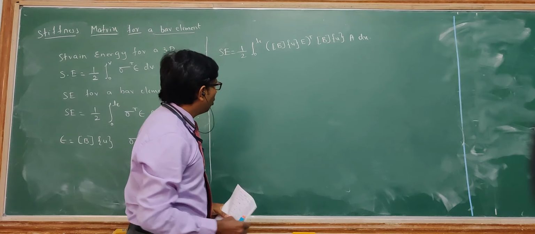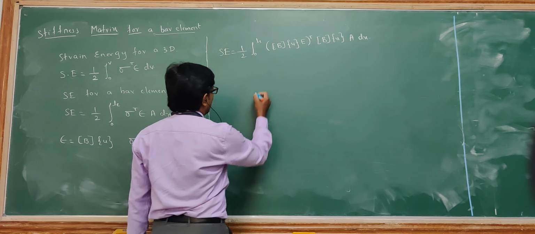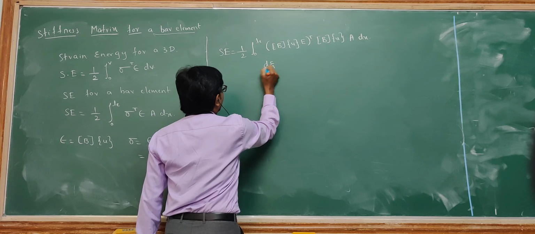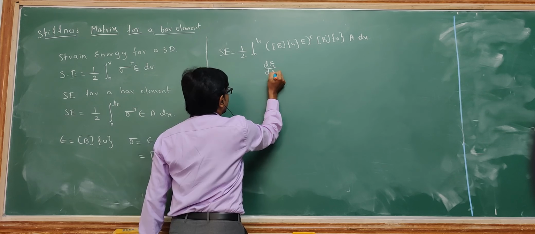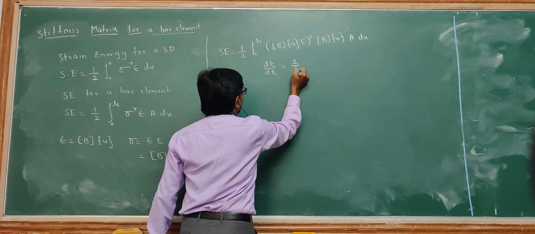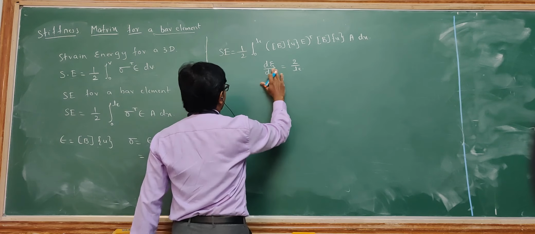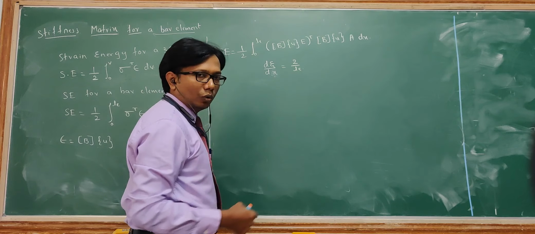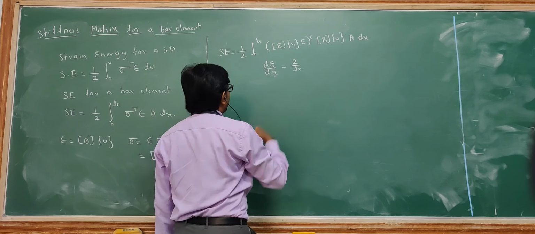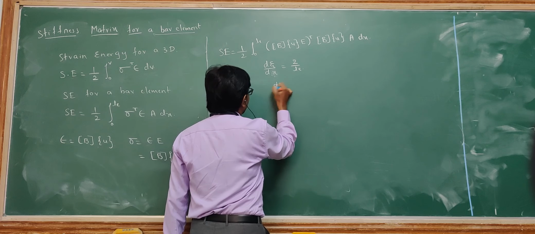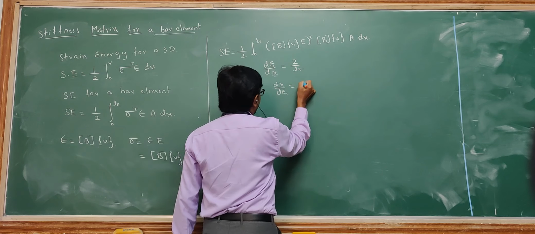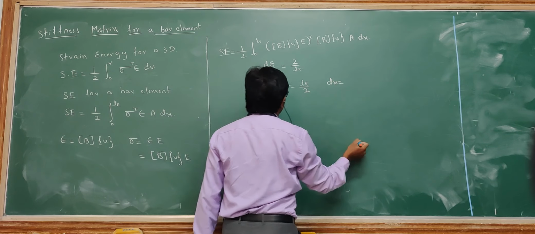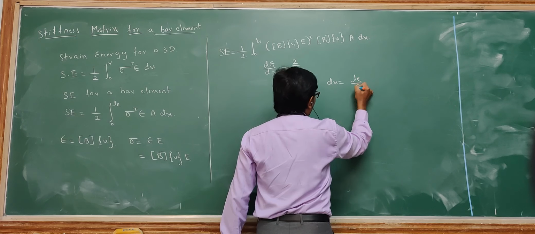We have already done this in the previous equation, where we derived the strain displacement matrix. d zeta by dx is equal to 2 by LE. So dx by d zeta is LE by 2, or dx is nothing but LE by 2 into d zeta.